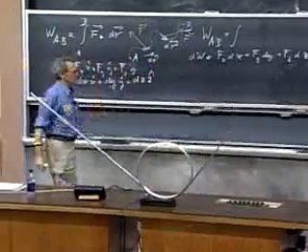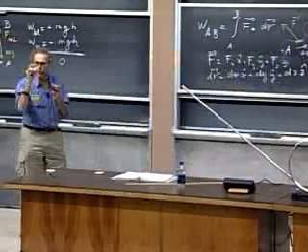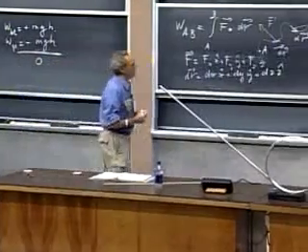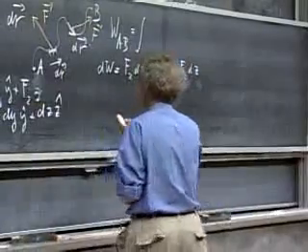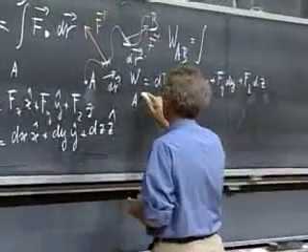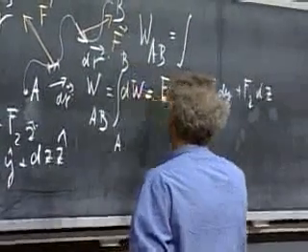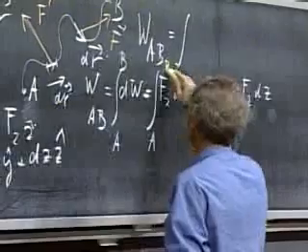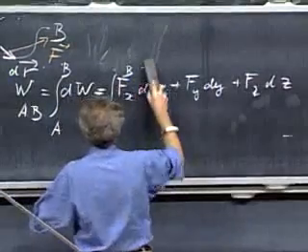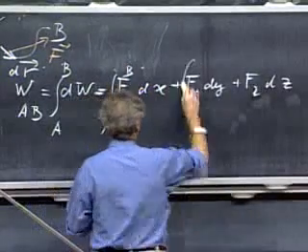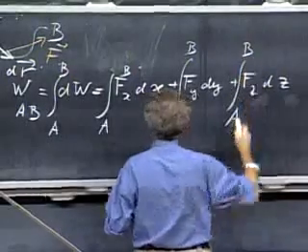That is a little bit of work if the force is displaced over a distance dr. Now I have to do the integral over the entire path to get W from A to B. That's an integral going from A to B for each term.